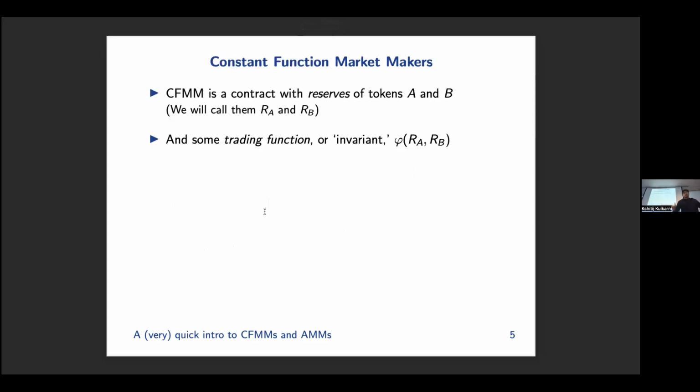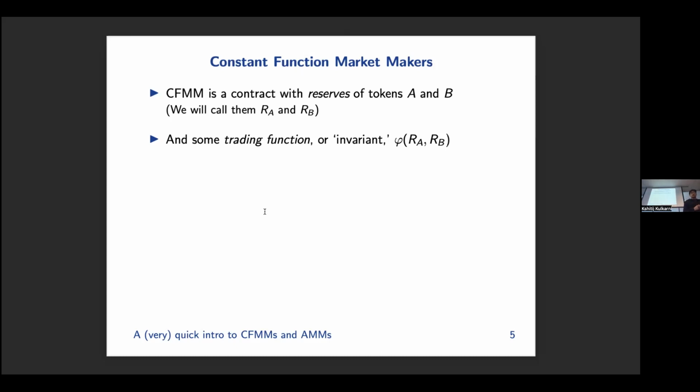And this idea was generalized and bootstrapped up into these things called constant function market makers. I'll go into why they're interesting in just a bit, but first, to define what they are. A CFMM, or constant function market maker, is a contract that holds reserves of two tokens, say A and B, with reserve amounts R_A and R_B.